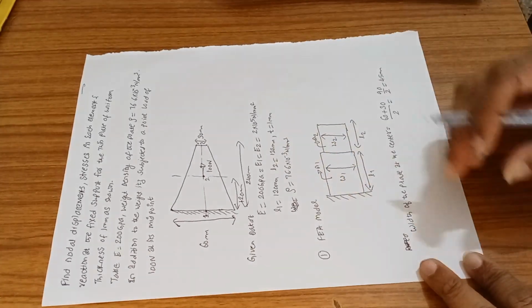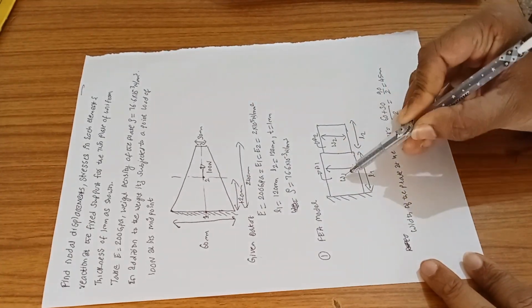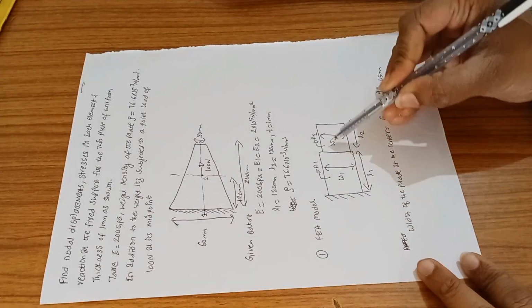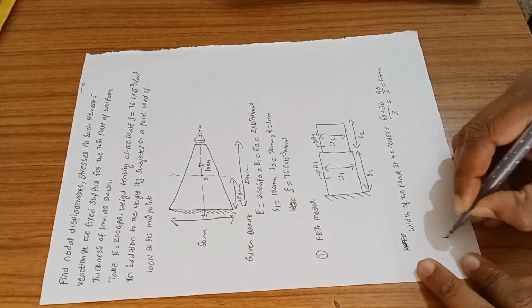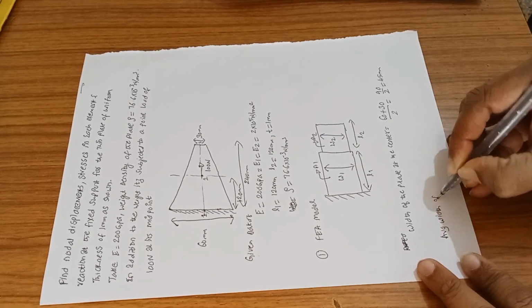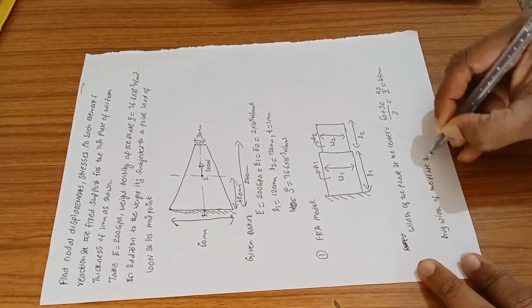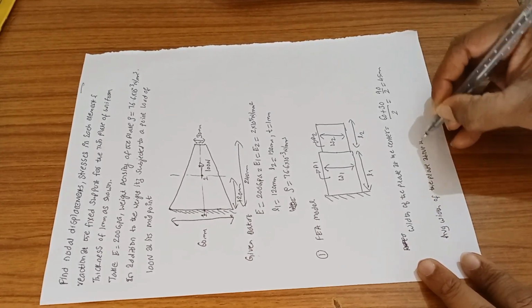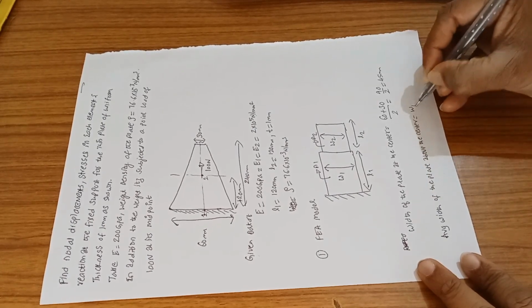Now you have to find out what is the width above this center and what is the width below this center. Above this center in the sense it is the left hand side, and below this center in the sense it is the right hand side. So what is the width above the center? The formula is average width of the plate above the center, that is going to be width W1, for element 1.